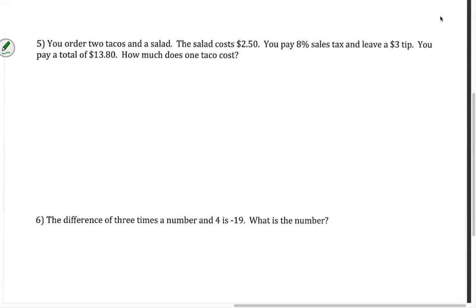That's the easy way. So here, you order 2 tacos and a salad, and you pay plus tax, which was 8%. I'm just writing it out in words.